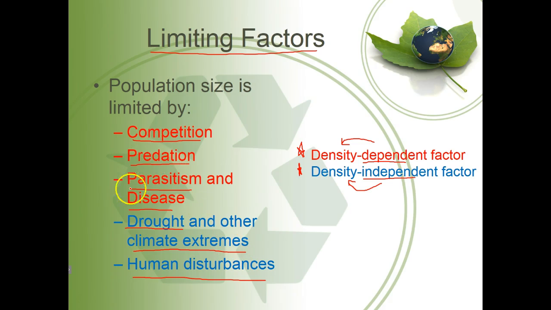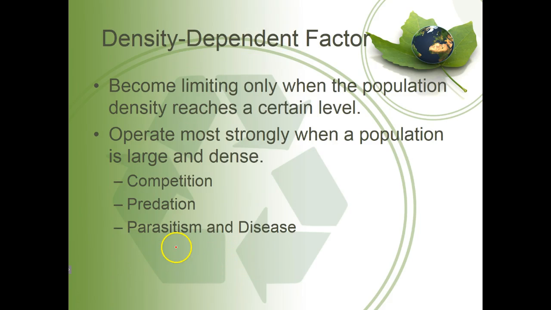So you have these things in red, which are directly dependent on density, and then you have these in blue, which are basically completely independent of density. Okay, density dependent factors become limiting only when the population density reaches a certain level, and like I said, we start getting closer to that carrying capacity.